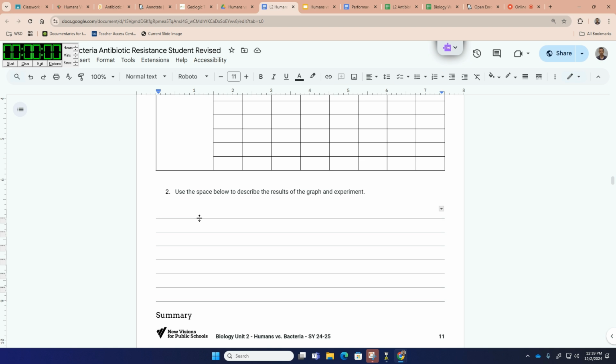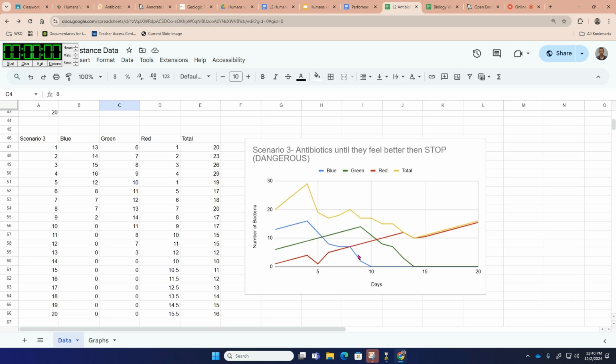Scenario 3 shows that if you don't take all of the medicine, you have a chance of evolving the population to become resistant. And once again, we see that in this picture right here, right? We see the red ones, they're the only ones left, and so they reproduce, and then that evolves the population to become more dangerous.